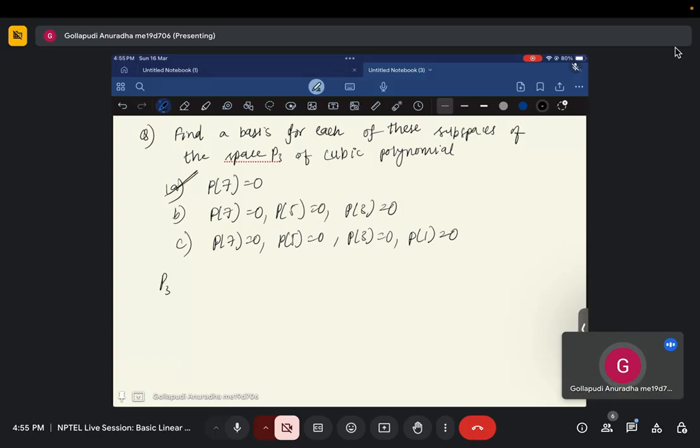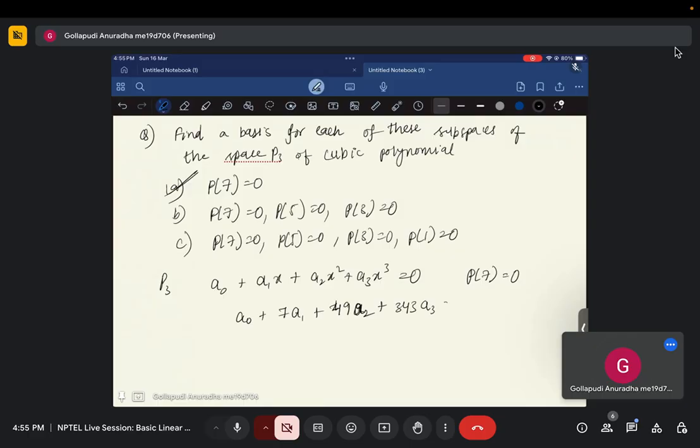So P3 polynomial means P(x) will be a0 + a1x + a2x² + a3x³, and given that P(7) is going to be 0, substituting 7 in place of x, we get a0 + 7a1 + 49a2 + 343a3 = 0.